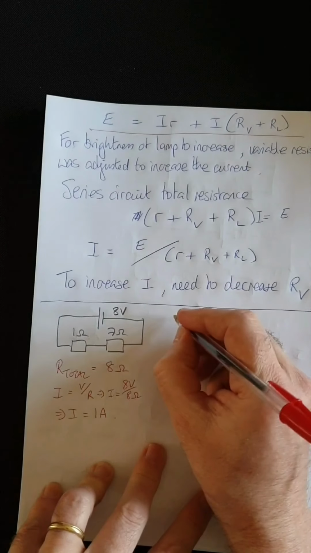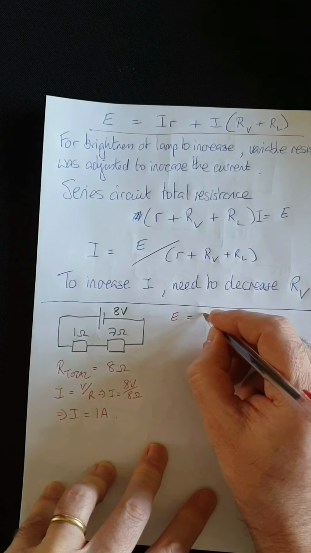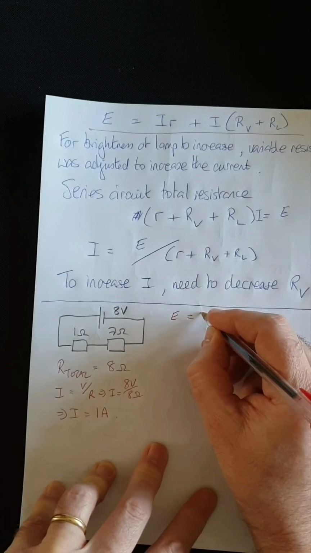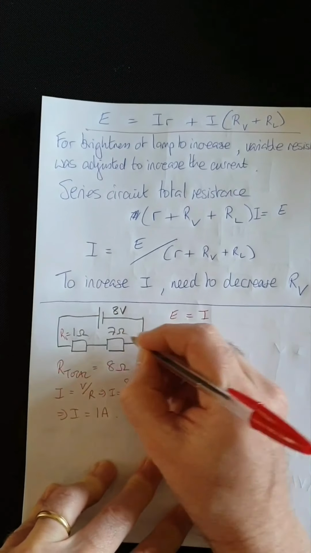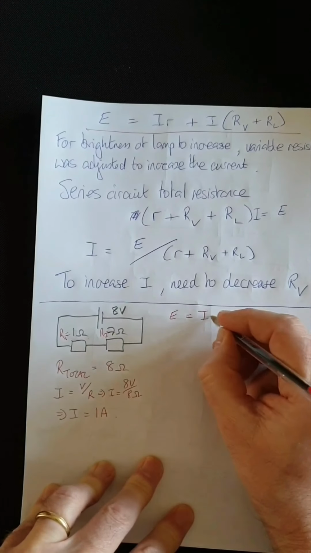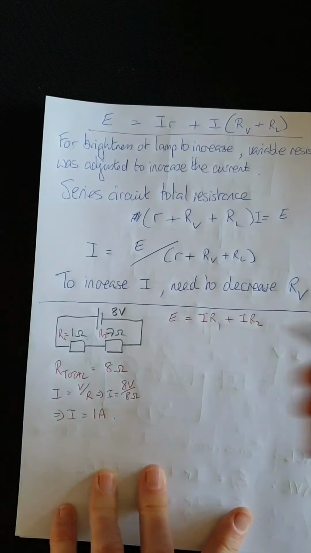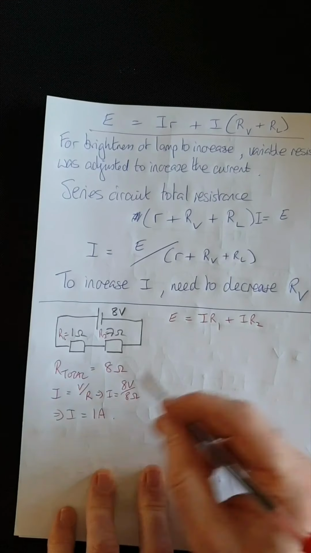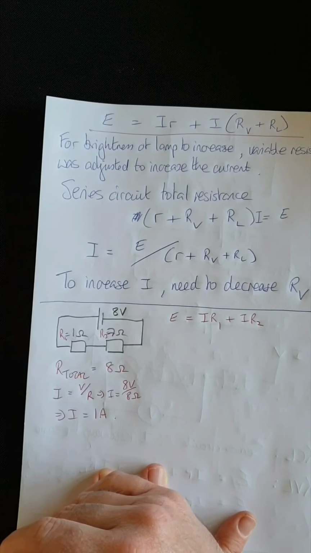From Kirchhoff's voltage law, we know that the voltage of 8 volts is going to be shared between the current times R1 plus current times R2. In this case, R1 is 1 ohm, R2 is 7 ohms, and the voltage is 8 volts.